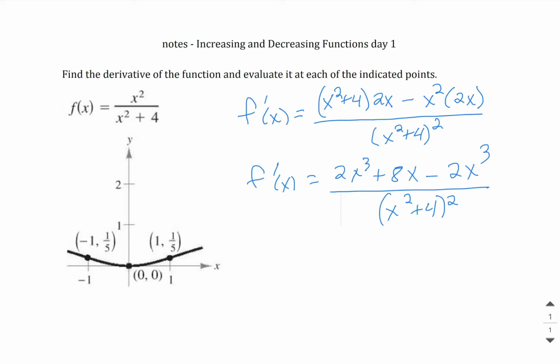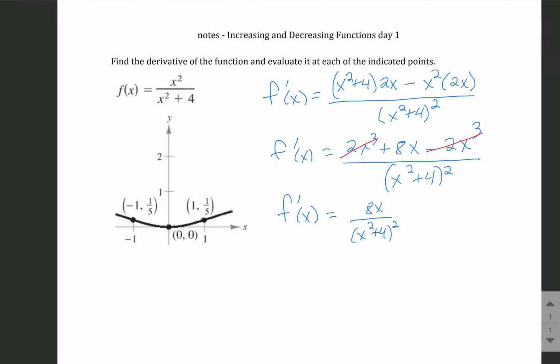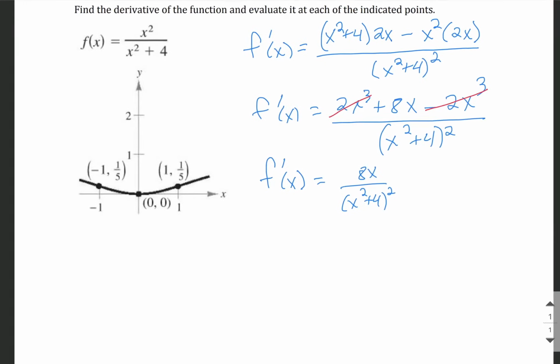Now this one does reduce a little nicer because this positive 2x cubed and this negative 2x cubed are going to cancel out with one another, and I'll have a simpler function to substitute into. So we have f prime of x is equal to 8x over x squared plus 4 squared. So that'll be a little bit easier for us to find the values of the derivative at those points.